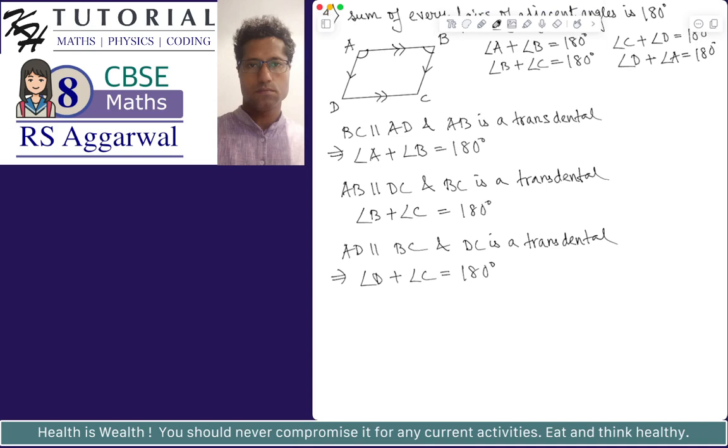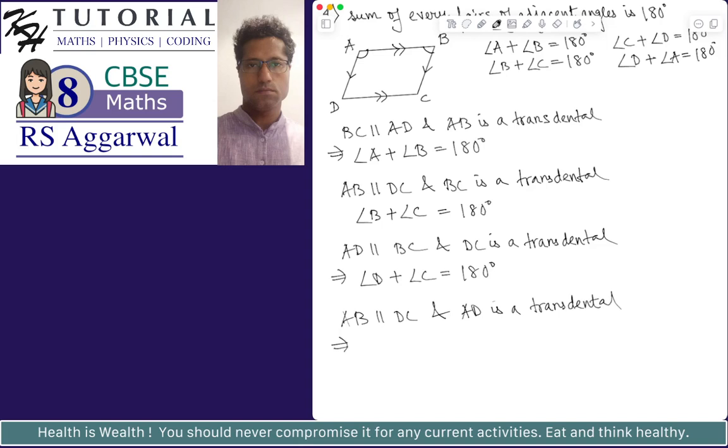Again, to prove that angle D and A, their sum is equal to 180 degrees, we know that AB is parallel to DC, and AD is a transversal.